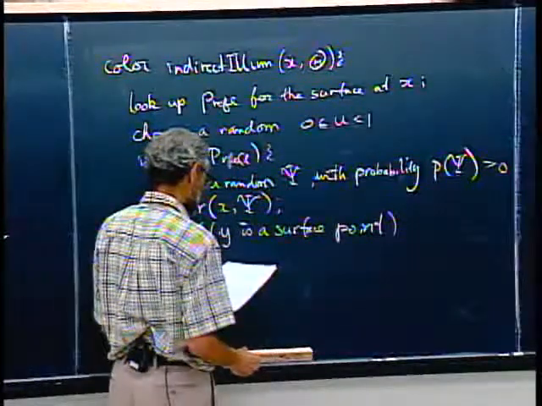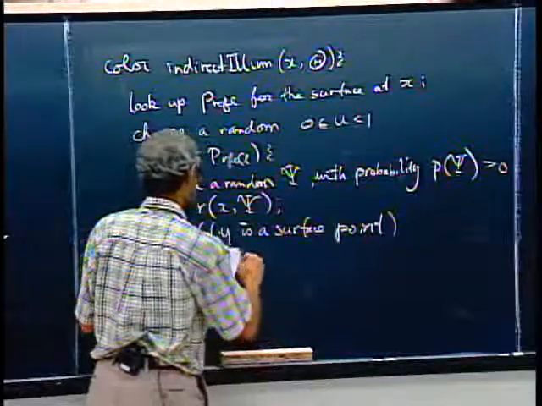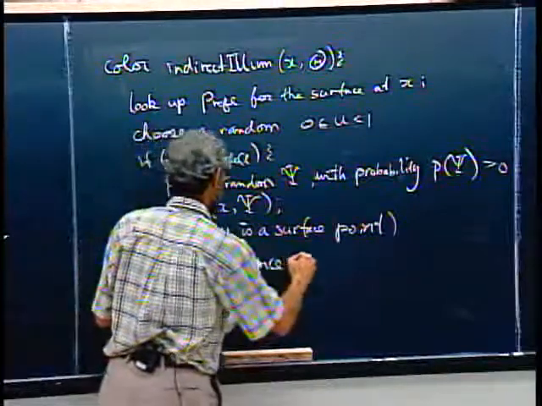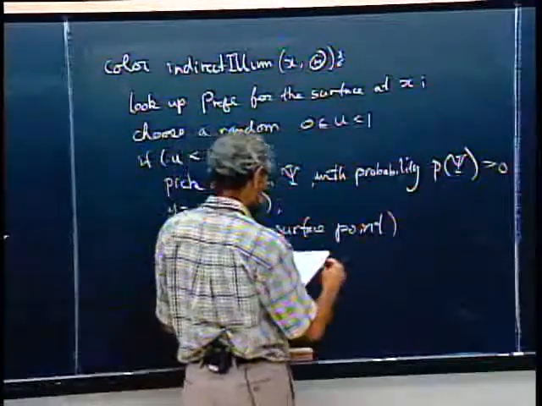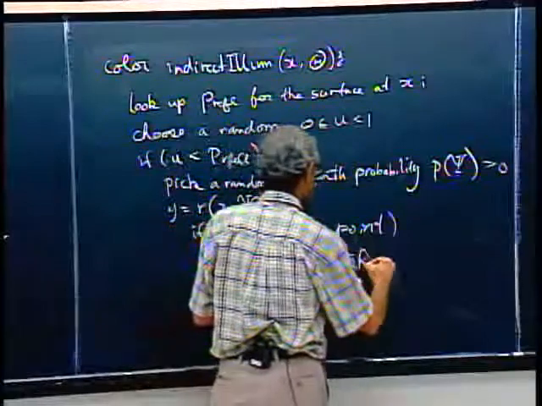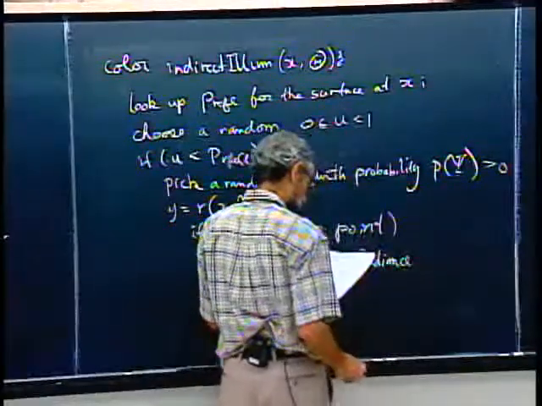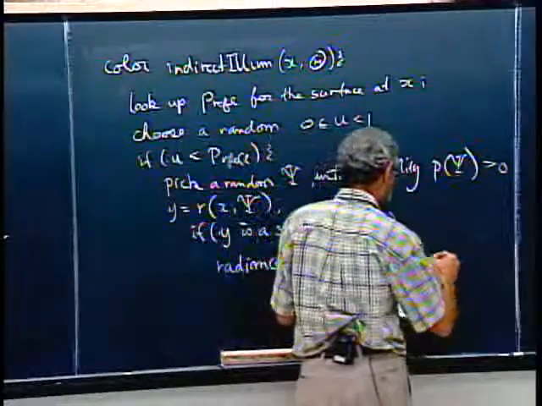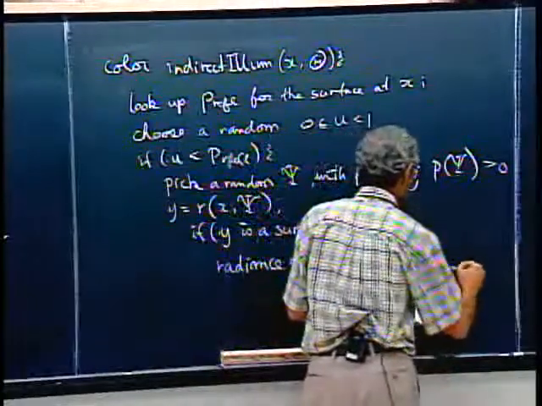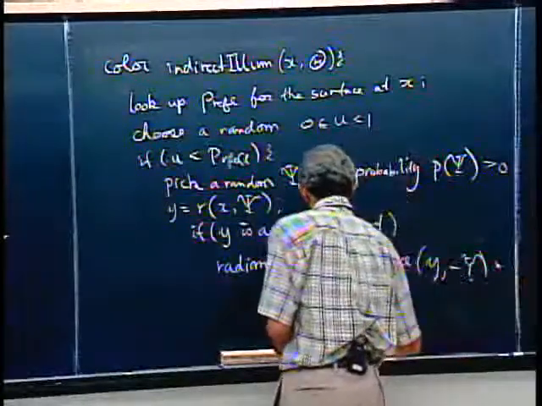I'm going to say radiance equals something called computeRadiance, where at y going in the direction minus psi times a bunch of other factors.